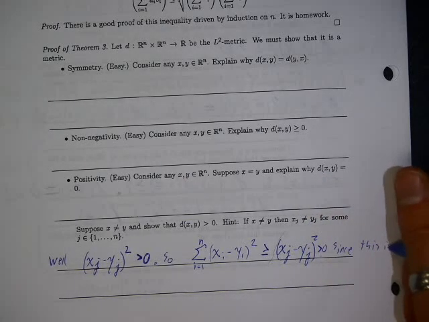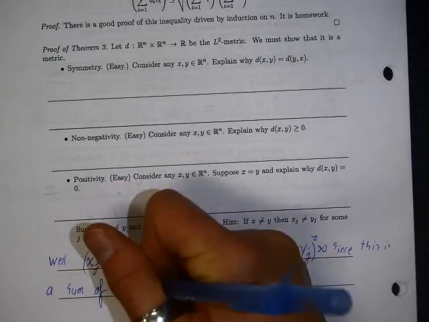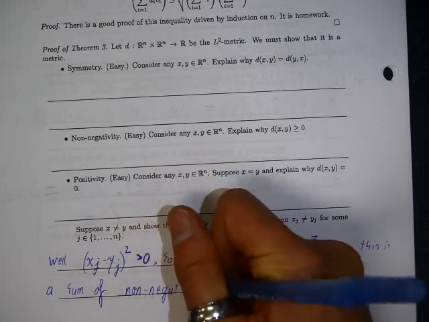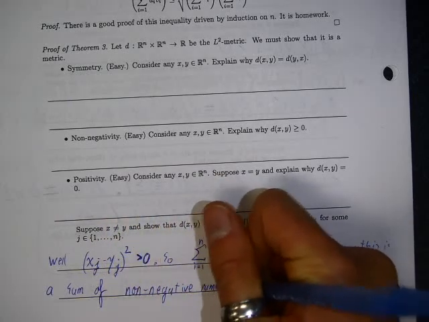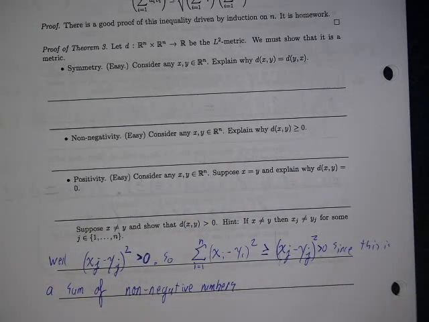This is a sum of non-negative things. If I take the square root of something that's positive, do I get something that's positive?